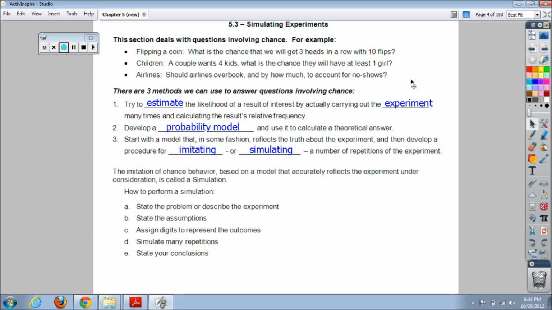Now, we usually have 5 steps here for performing a simulation. We're going to state the problem or describe what we're going to be doing. Sometimes we need to state any assumptions we might have. We need to assign digits to represent outcomes. And we're going to simulate many, many times. Okay?